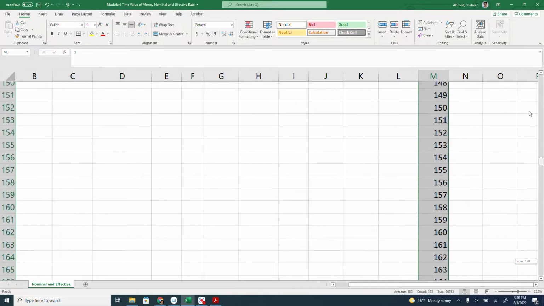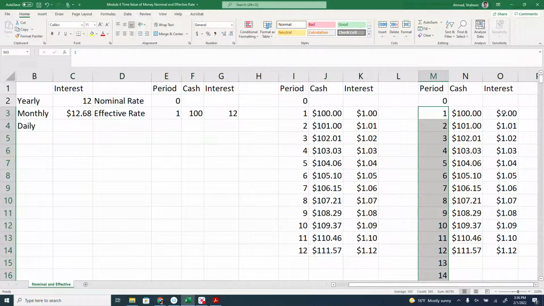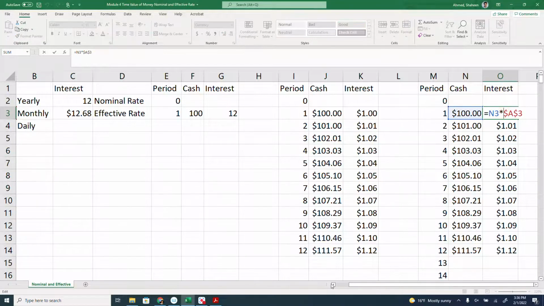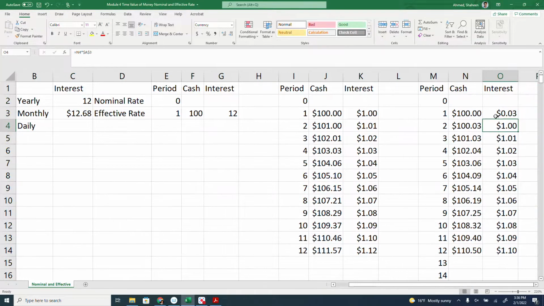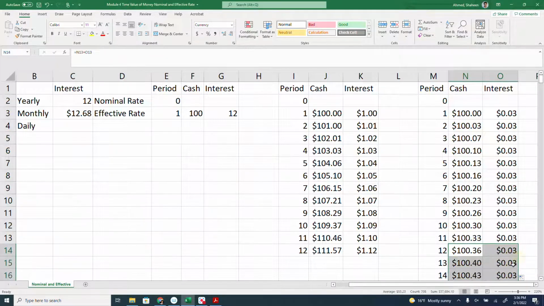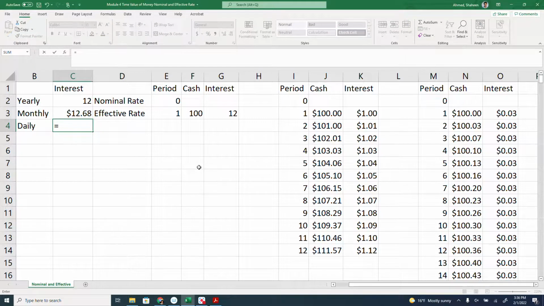Let's copy all this down. Now I'll have to change that interest rate to daily instead of monthly, and then I think everything else should be automatically calculated. Now I can calculate the total interest paid in daily compounding.